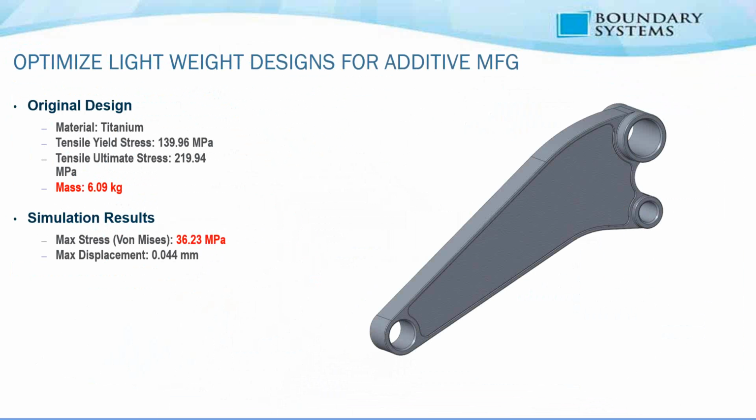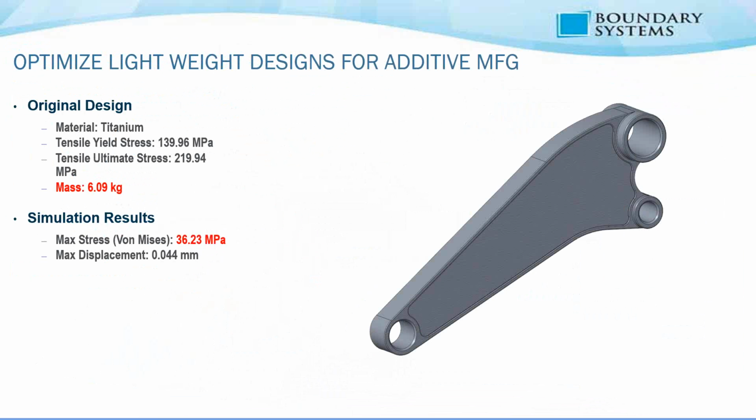Okay, so the standard workflow for this would be, let's say we have this part and we do an analysis on it. So we apply some loads, constraints, and then give it a mesh and view the results.